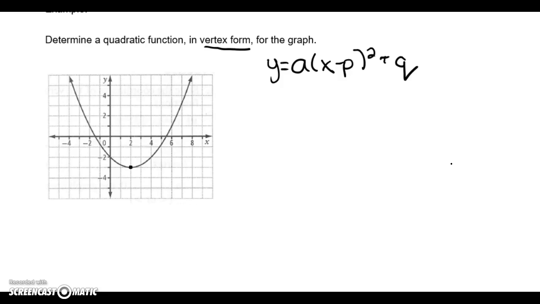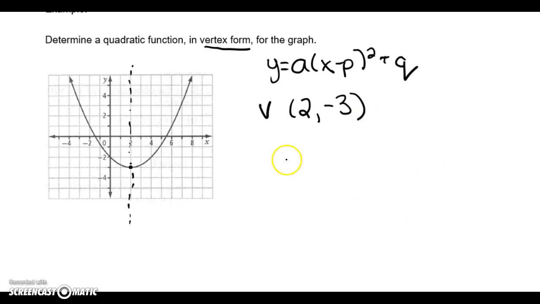So it almost has this mirror line, and that's how you can tell where your vertex is. Our vertex here is at x is equal to 2 and y is equal to negative 3. So our vertex is 2 and negative 3.